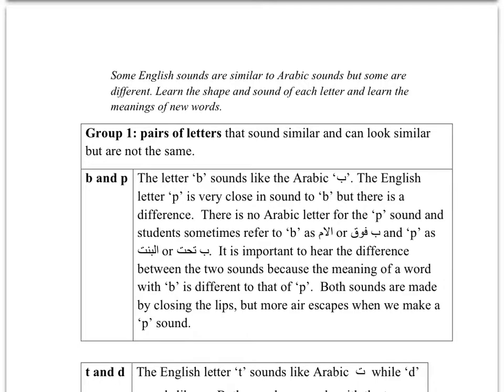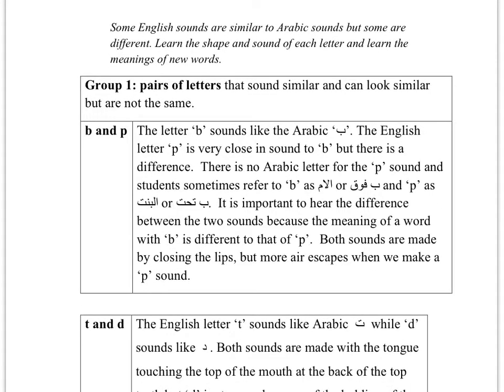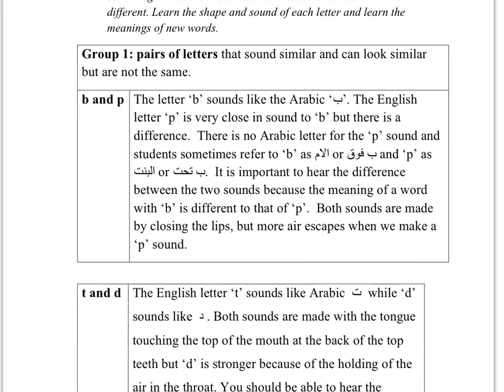However, in English, we have another letter, P, which is not found in Arabic and can sometimes be quite confusing for students. There is only a very slight difference between B and P, and it has to do with the amount of air that escapes through the throat when we are making each sound.